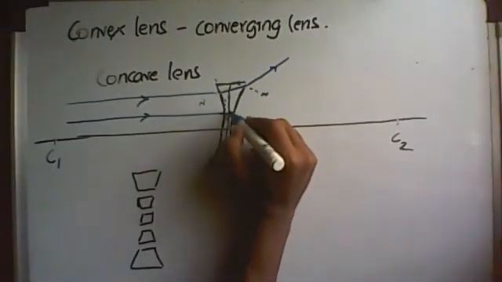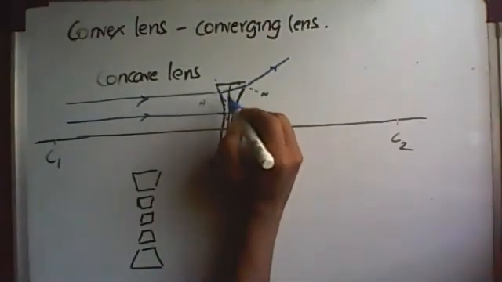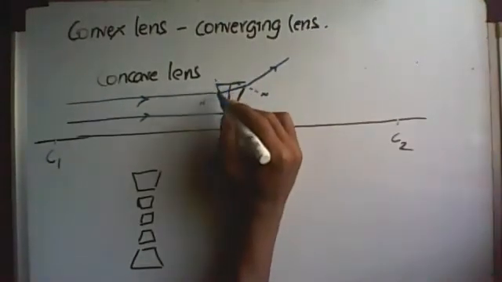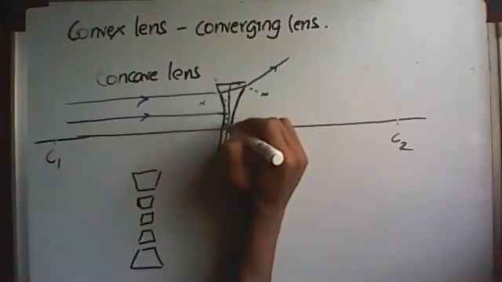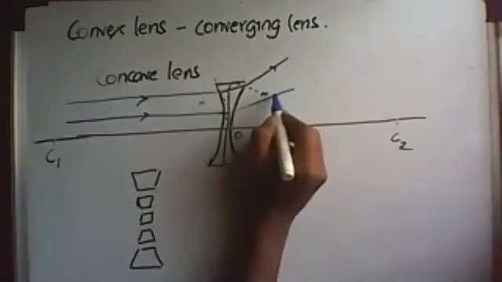It's going to diverge. But of course, for the same reason that the slope is more over here compared to over here, the angle of incidence is going to vary. So the degree of deviation is going to be lesser in this case.